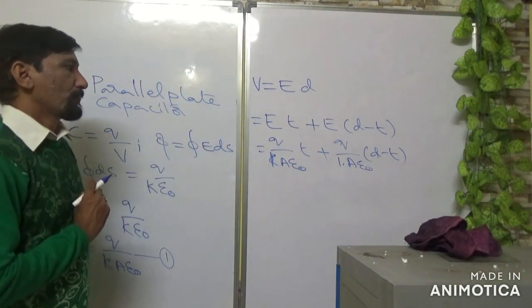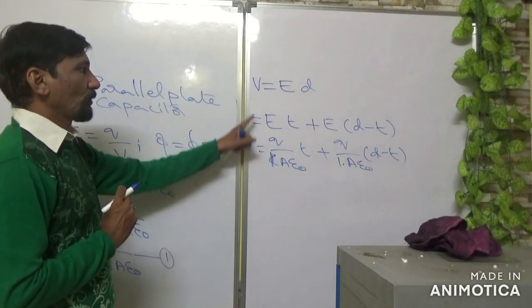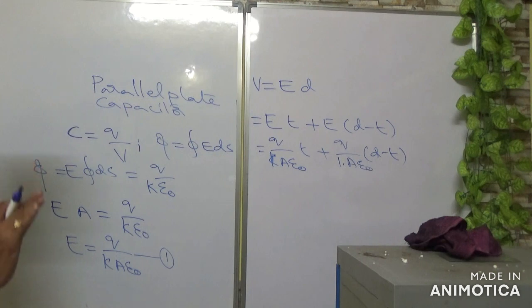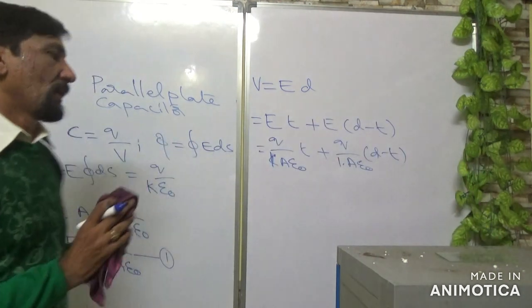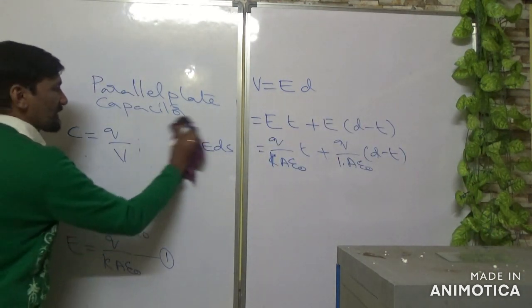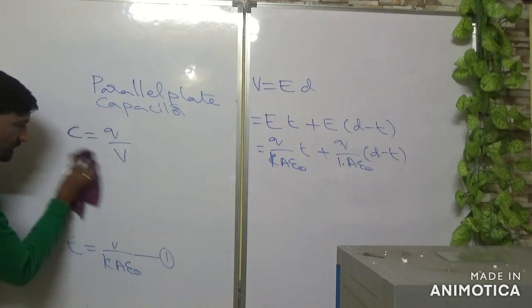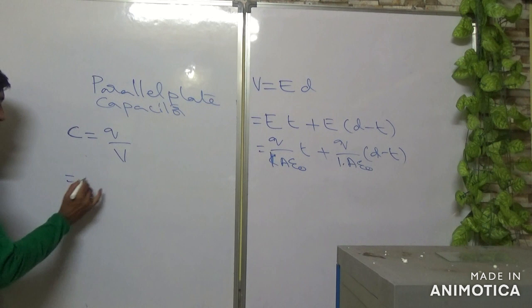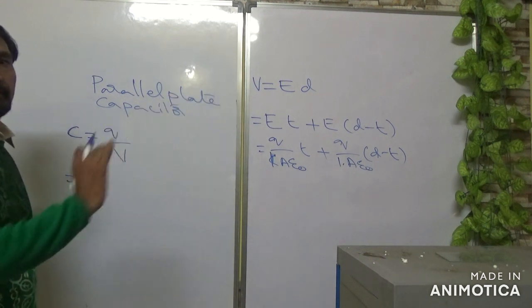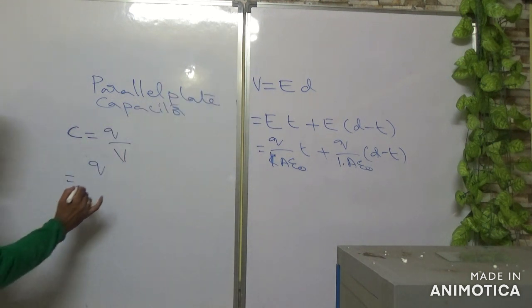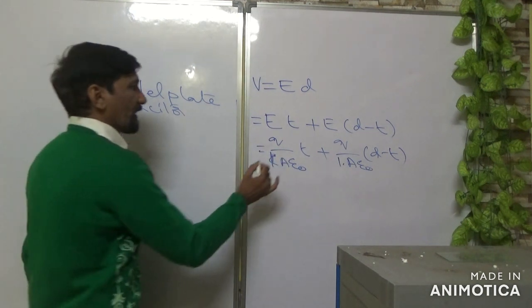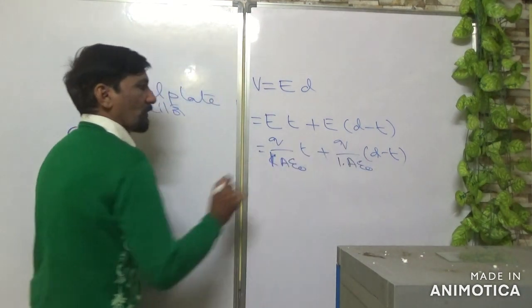Okay, now this is about potential. So you know how to find the capacitance, right? The formula for C is always Q by V. So Q is the charge on each plate, by potential. So just now you calculated. Here, if you notice, Q by A epsilon naught is common.